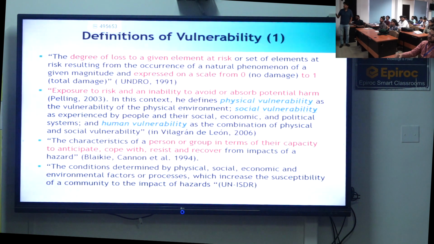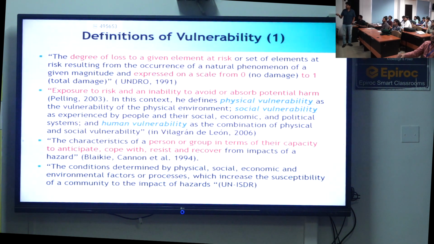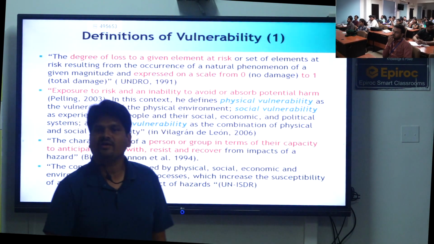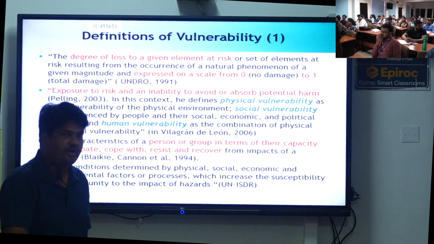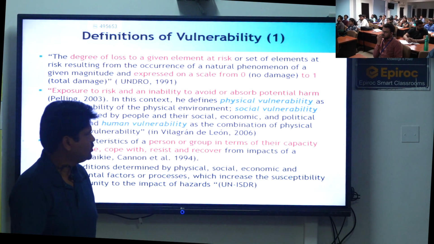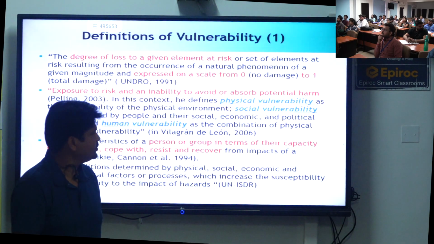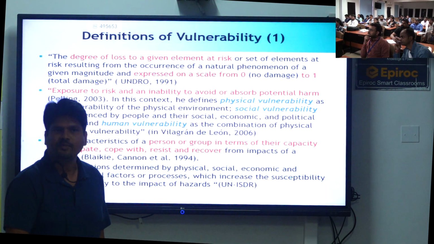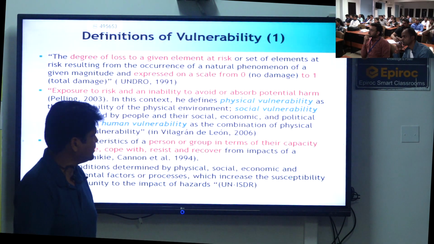Now, another definition says: exposure to risk and an inability to avoid or adapt to potential harm. That means you are exposed to the risk, and your ability or inability to avoid or adapt to a potential harm. So you see, from 1991, the definition has been improved in 2003.